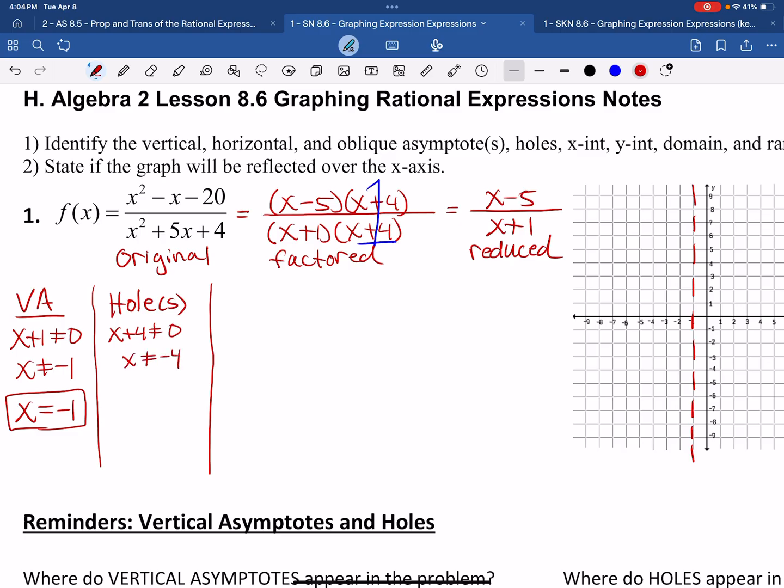Now, unlike the vertical asymptote, a hole is a point, and a point needs an x-coordinate and a y-coordinate. So we have the x-coordinate, negative 4. Now to find the y-coordinate, we are going to plug negative 4 back into the reduced form.